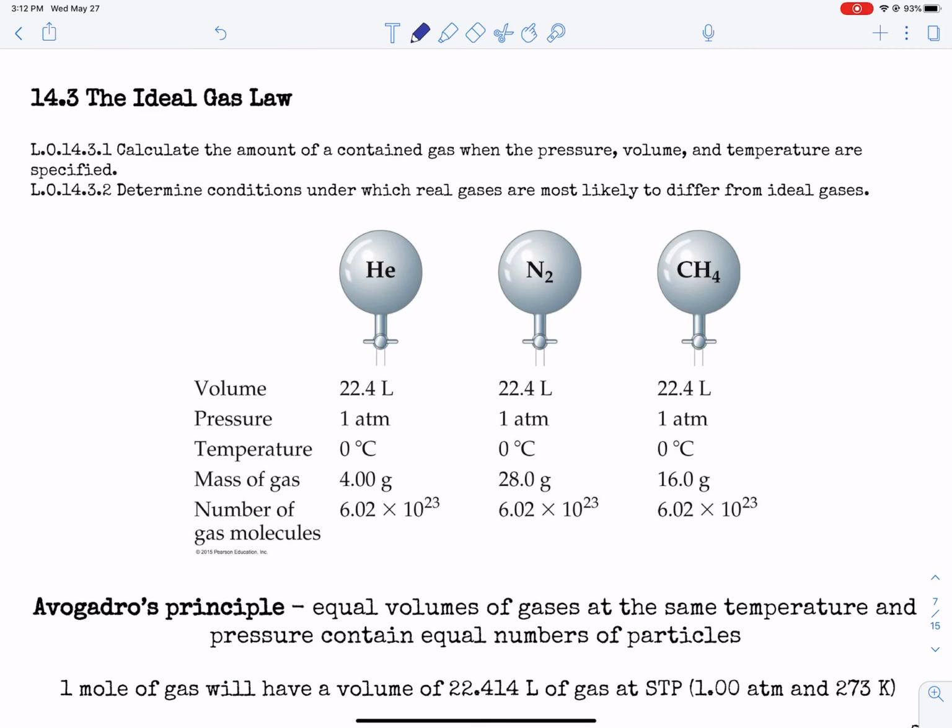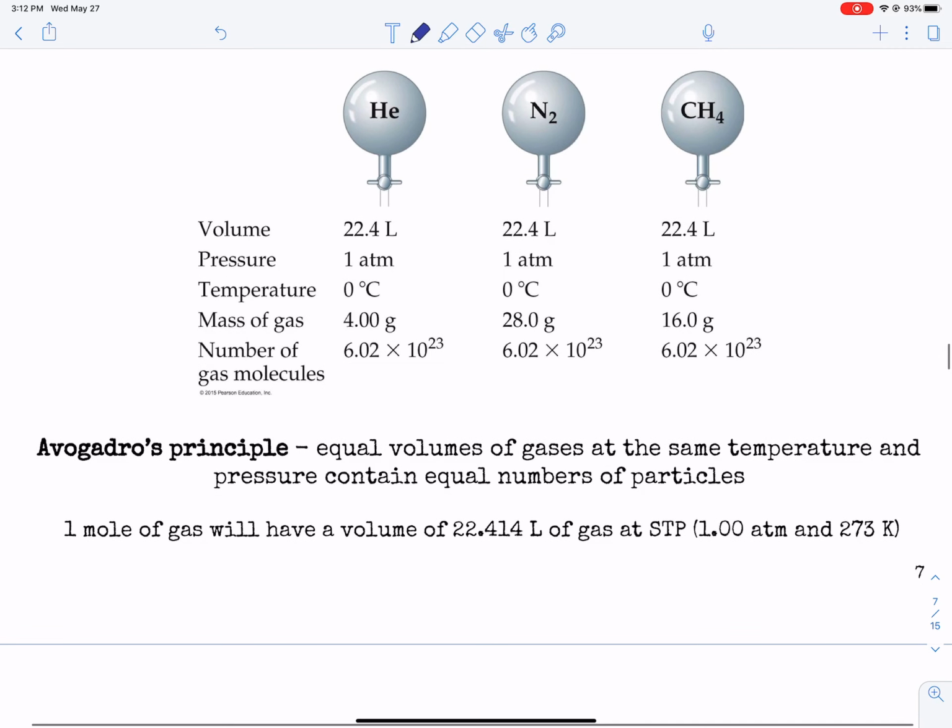The ideal gas law is based off of Avogadro's principle or Avogadro's law, which we've sort of already looked at. Avogadro's principle says equal volumes of gases at the same temperature and pressure contain equal number of particles, or equal number of moles of gas. So when we were doing our mole conversions back in chapter 10 maybe, we first learned that when you have 1 mole of gas at 0 degrees Celsius and 1 atm, this was what we called STP.